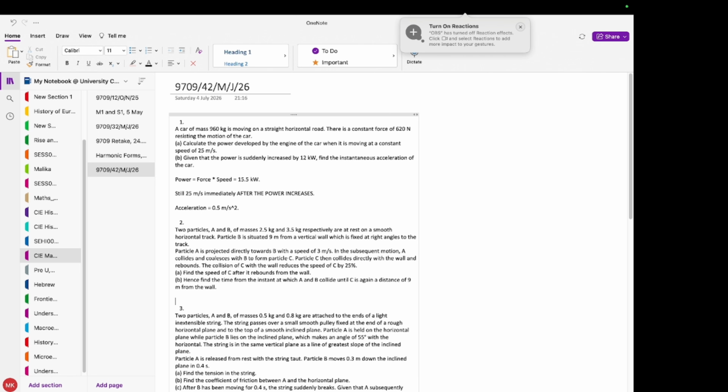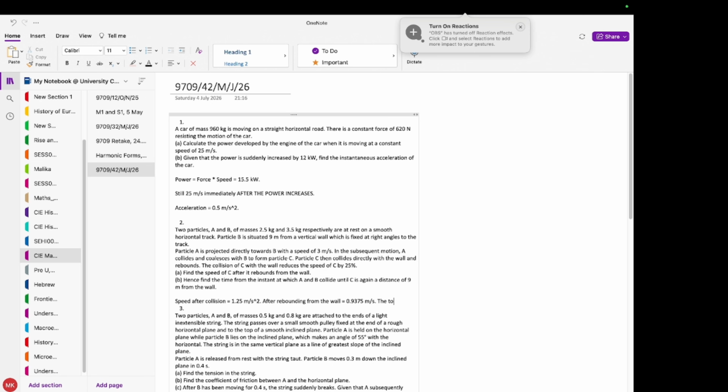Alright, so question 2, we move on to a completely standard momentum question. The speed after collision should be 1.25 meters per second, and after rebounding from the wall it should be 0.9375 meters per second.